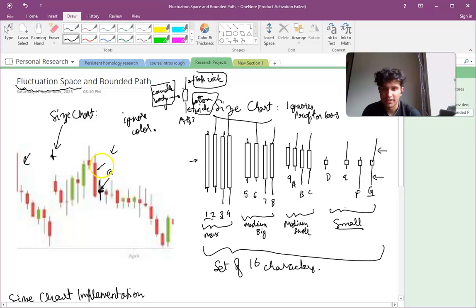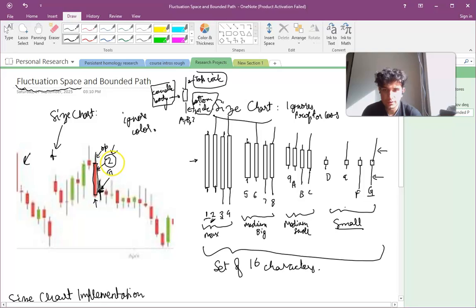Similarly, in this one, we see that there is a huge candle body. There is no bottom part, or very small bottom part, and there is a much bigger top part. So what does this one fall under? We're going to look in our big ones. We see 1, 2, 3, 4 are our big candles, and we look for the one with the big top and a small bottom, which is the number 2.